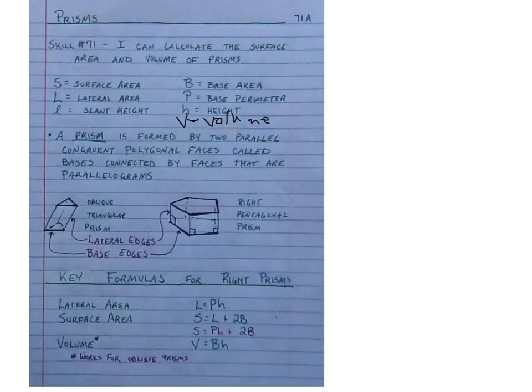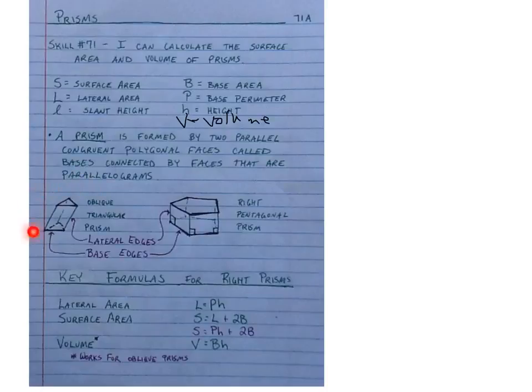So a prism is formed by two parallel congruent polygonal faces called bases, connected by faces that are parallelograms. That's kind of a lengthy way to describe it. What we have here is a triangular base, and they're connected by faces that actually happen to be parallelograms.